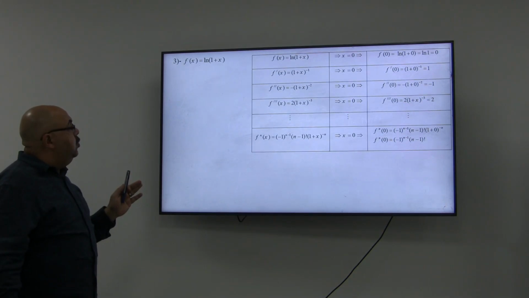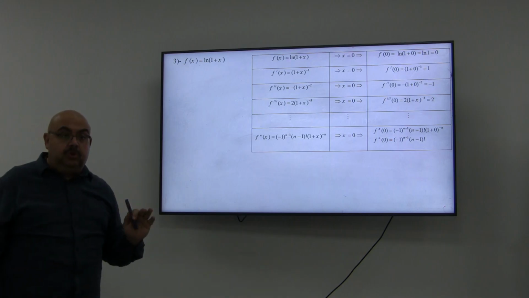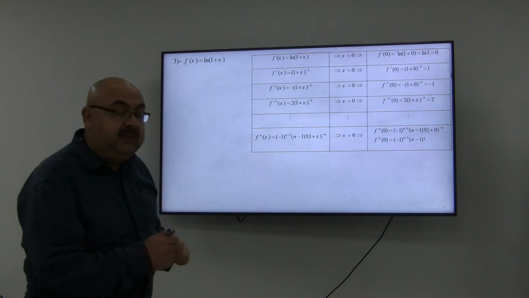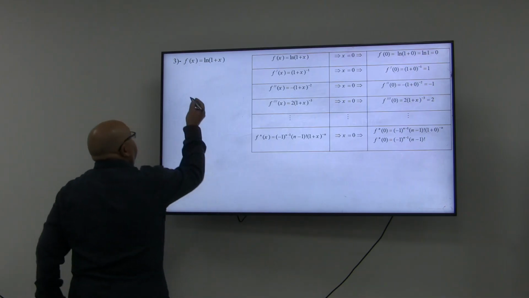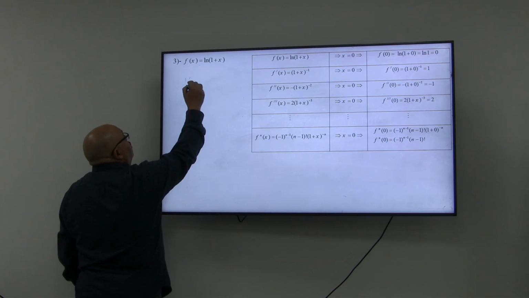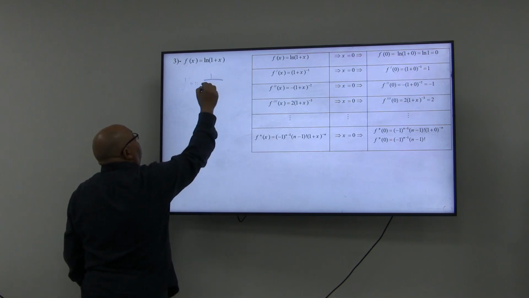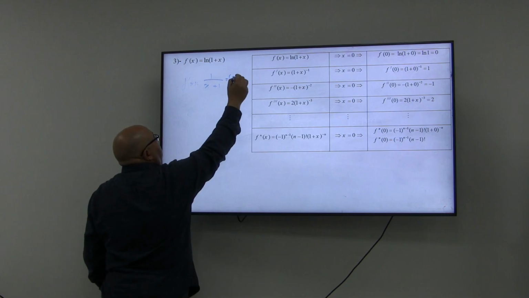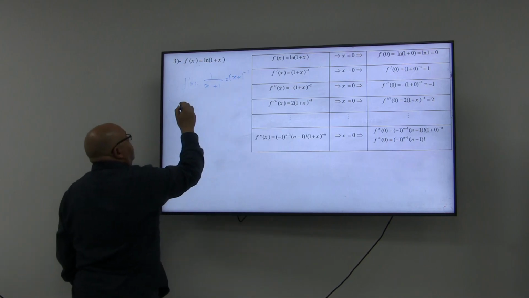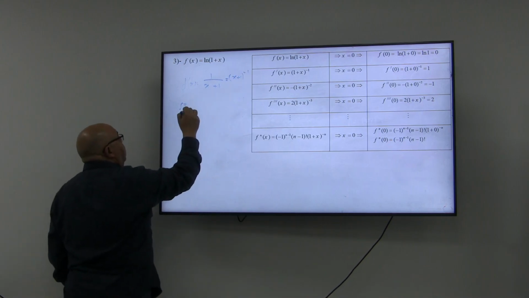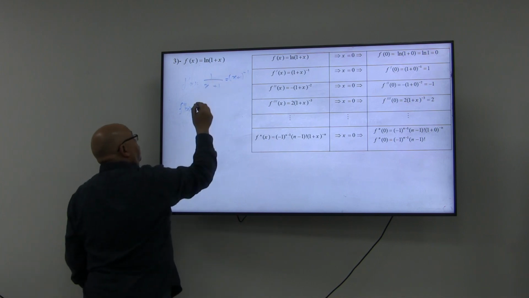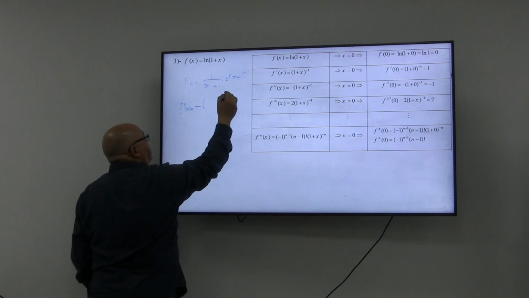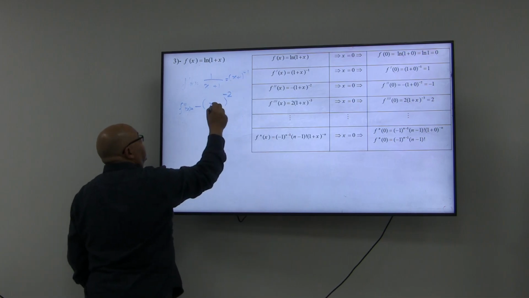Similarly for ln of 1 plus x, and as I told you, you need to perfect how to do derivatives. So for this function, for example, f dash of x is going to be 1 over x plus 1, which means x plus 1 to the power of -1. If I want to get f double dash of x, the power will come down, then I will subtract 1 from the power, so it's going to be -1 times x plus 1 to the power of -2.